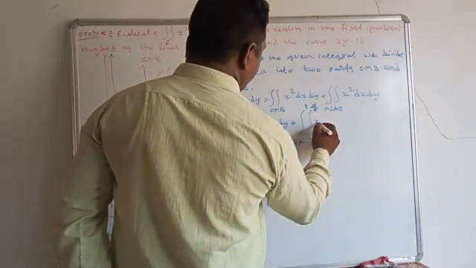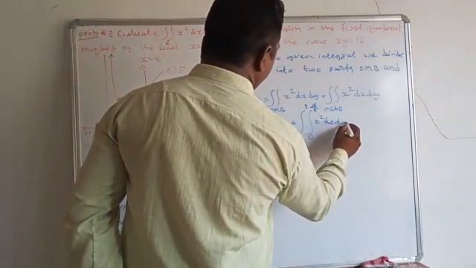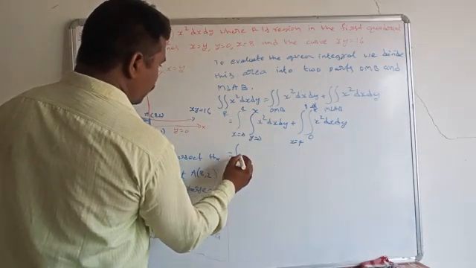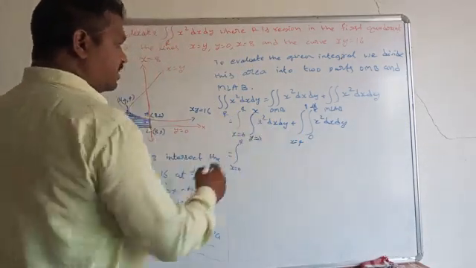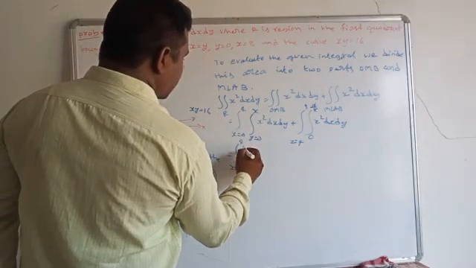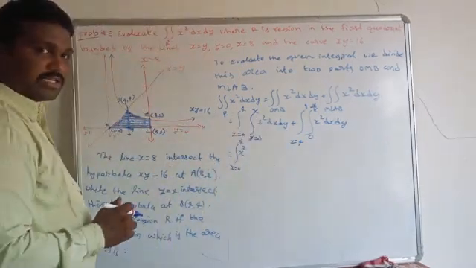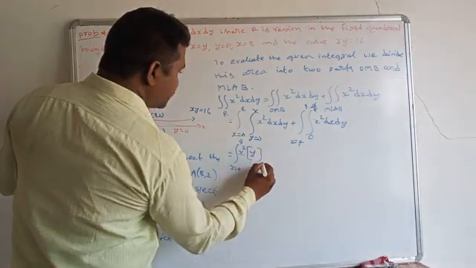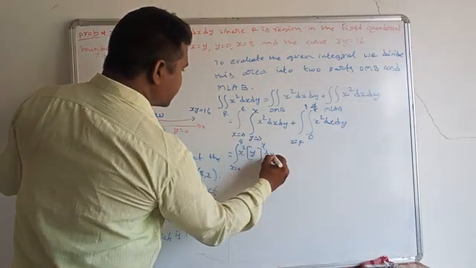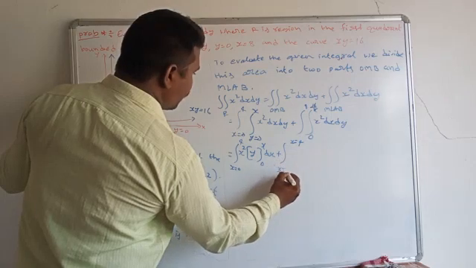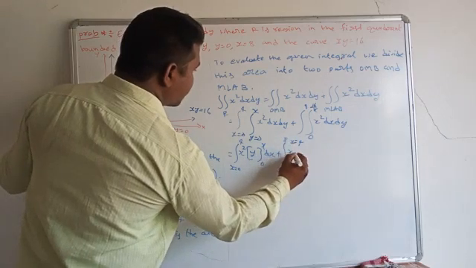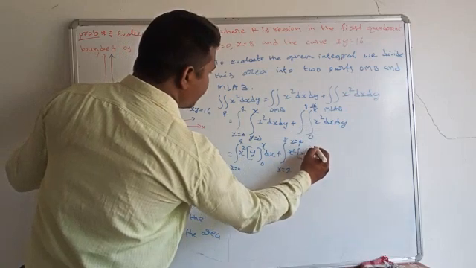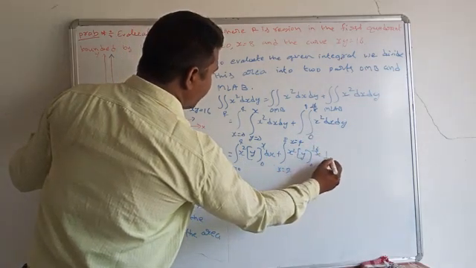ఫస్ట్ y with respect to ఇంటిగ్రేట్ చేయండి. x square is treated as constant with respect to y integration, and the limits are 0 to x, into dx, plus the integral x varies from 4 to 8 of x square, and the y limits are 0 to 16 by x, into dx.